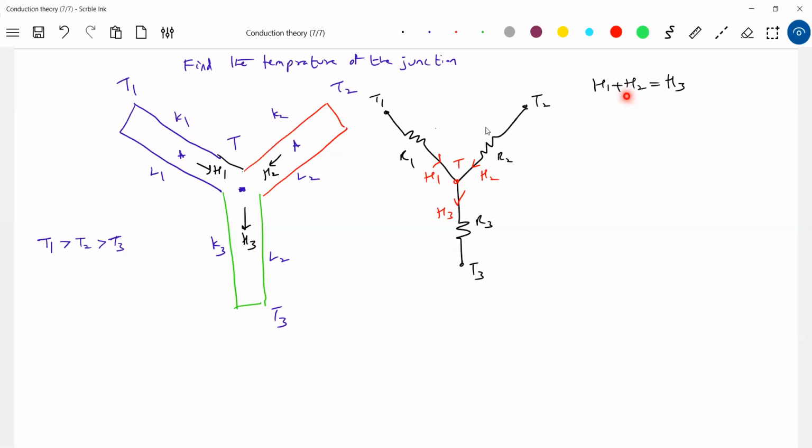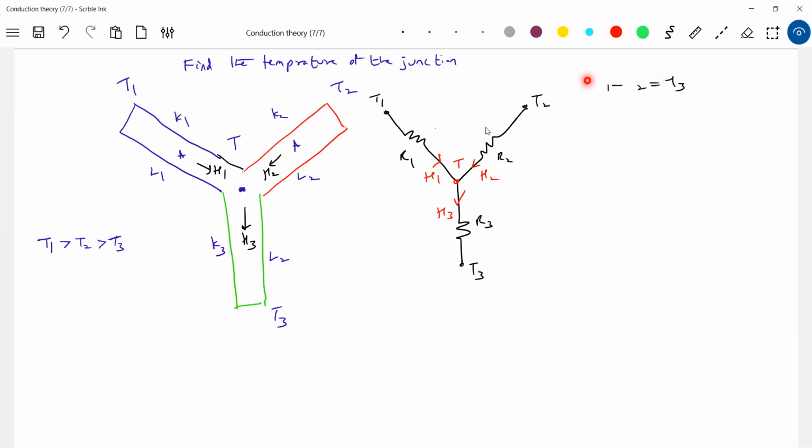Simple methodology. Amount of heat entering a junction per second should be equal to the amount of heat leaving a junction per second, or the conservation of energy principle. Don't call this Kirchhoff's law because we don't have anything like that. Still, since we know Kirchhoff's law, okay, we'll try to equate here.